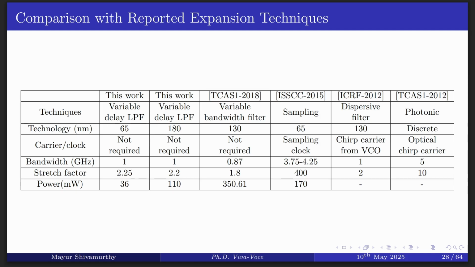Though the sampling based expansion shows a better stretch factor, it includes a very power hungry clock network for the expansion technique, which is again not required in this architecture. So overall, this is a very simple architecture, and it also does not require designing a higher order variable bandwidth filter for the expansion process, and we are able to get a good stretch factor of 2.25 with a very minimal power consumption of 36 milliwatts.